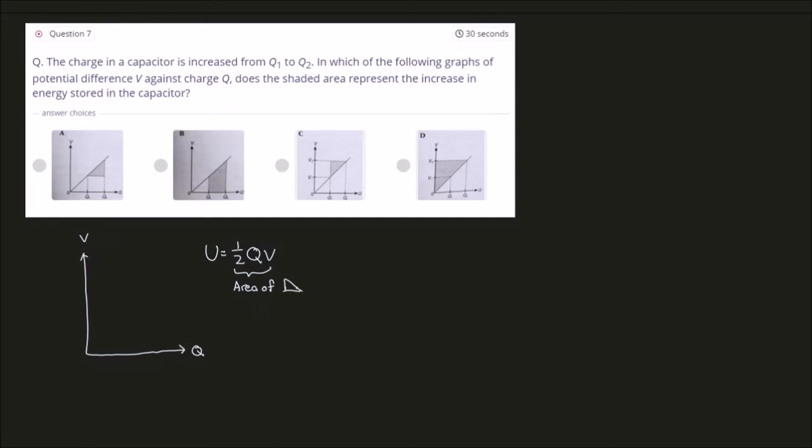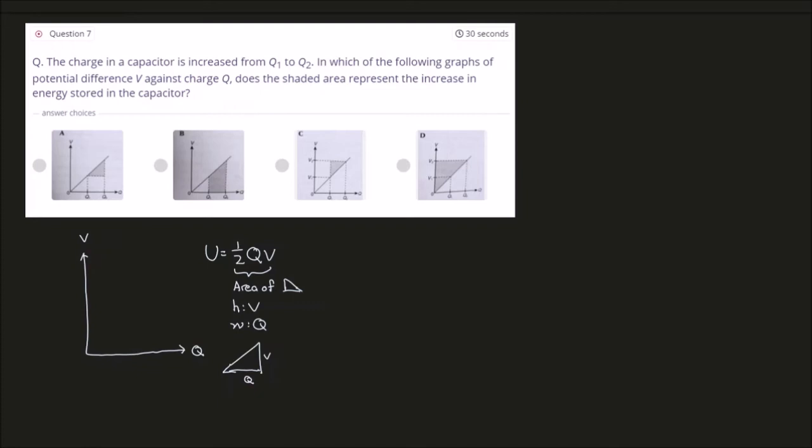So the height should be V, whereas the width should be Q. So you have something like this. Then you have V times Q times half, then you get your energy.